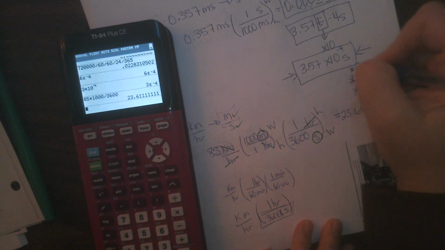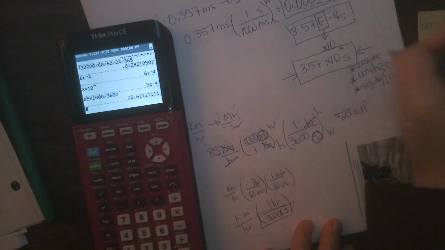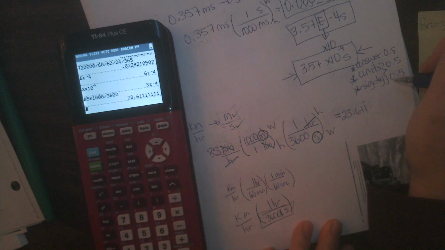And the answer, 0.5 marks. So you get a half a mark for the right answer. You get a half a mark for units and sig digs. I have people that got the entire test right and only got like a 75% because they didn't do sig digs or proper scientific notation or put a unit in.